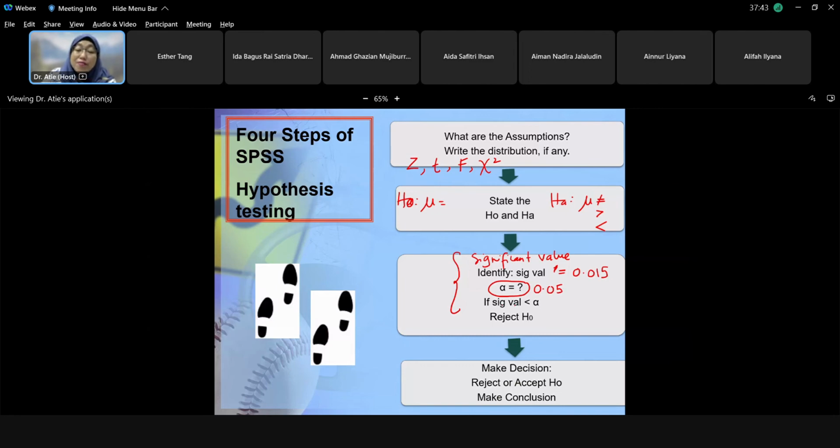If the sigval is less than alpha, then we need to reject the H naught. So we make the decision to reject the H naught, because this value right here is less than alpha. Then we need to make a conclusion based on the question.